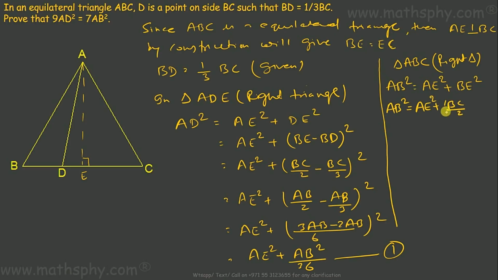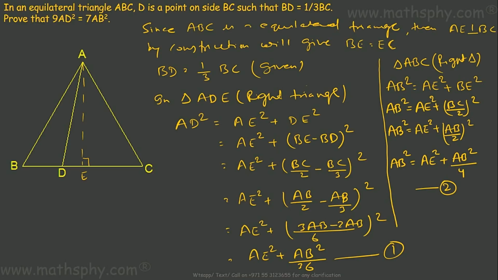BC over 2 whole square. AB square is equal to AE square plus, BC can be equal to AB, AB over 2 whole square. So this gives me AB square equals AE square plus AB square over 4. Let's take this as equation number 2.